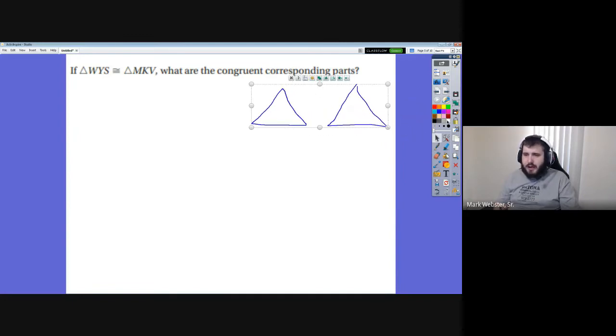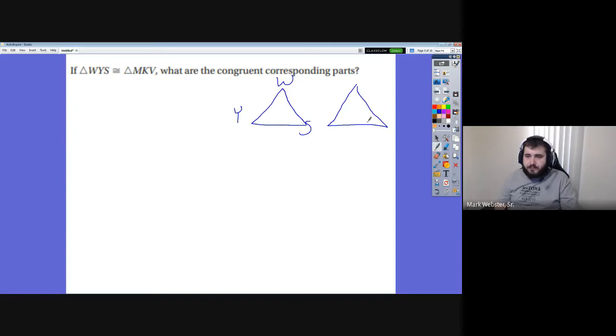Now, the thing that I've drawn here is just 2 lumpy triangles. You're not expected to be an artist. I'm certainly not expecting you to be, because why would I expect more of you than I do of myself, right? I know that this is probably the best I'm going to do with these triangles. And so, that's fine. So WYS. I always just start at the top, W, and whatever I'm feeling like that day, but I'm going to go counterclockwise right now.